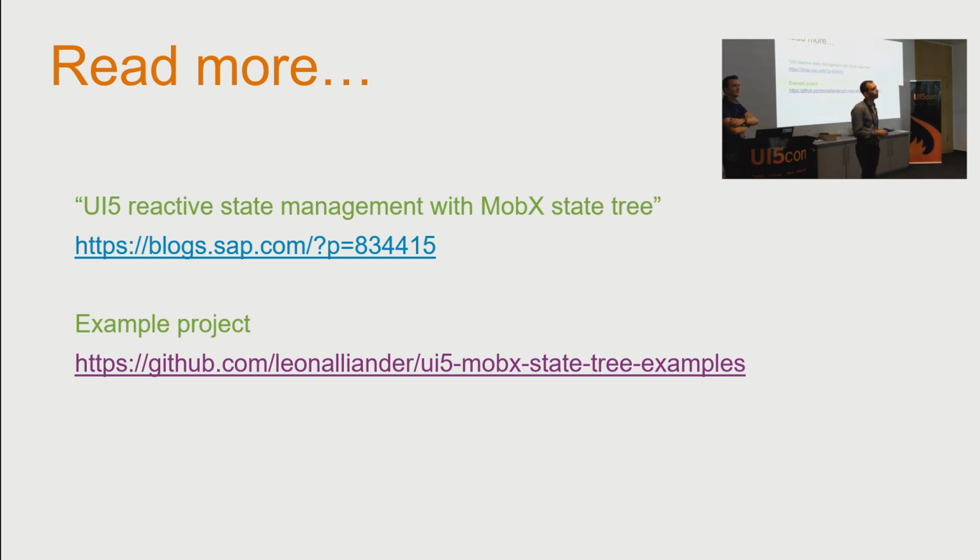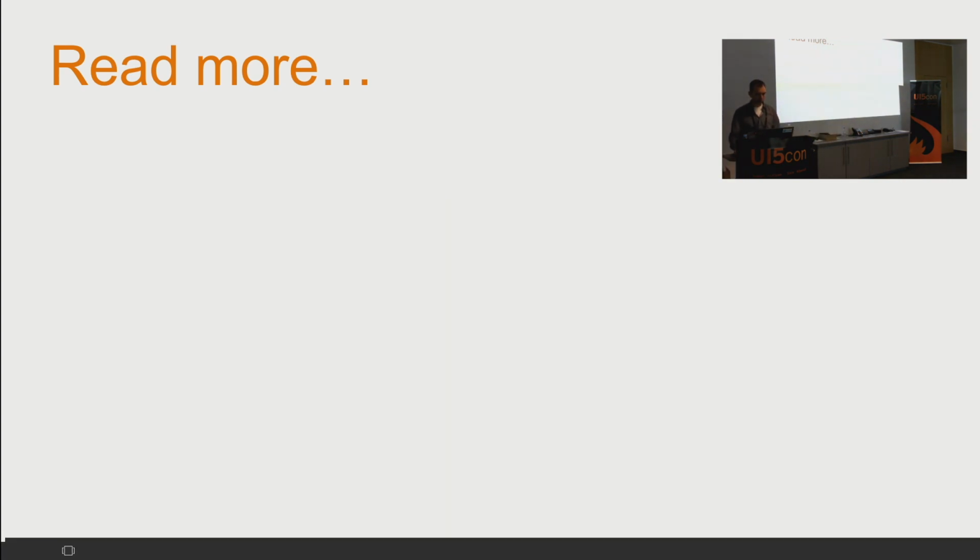So you were using this MobX model? Is this open source somewhere, or how can you get it? We're actually building on earlier work. There is this really nice article that's written on MobX and UI5, and that became a starting point.